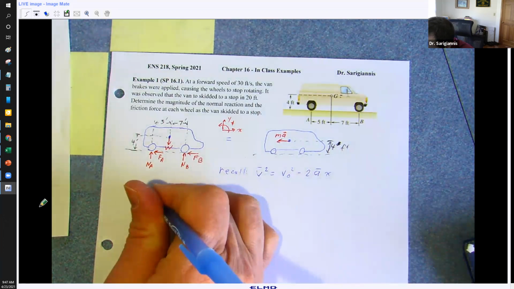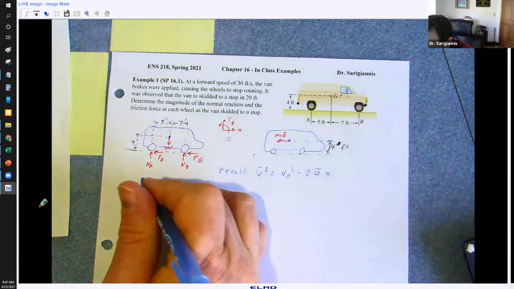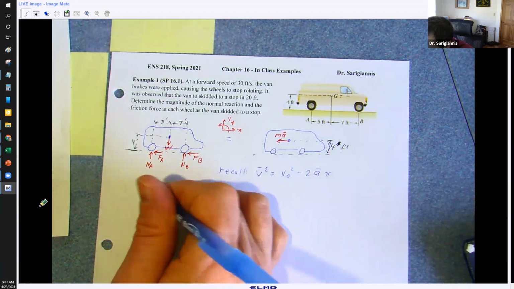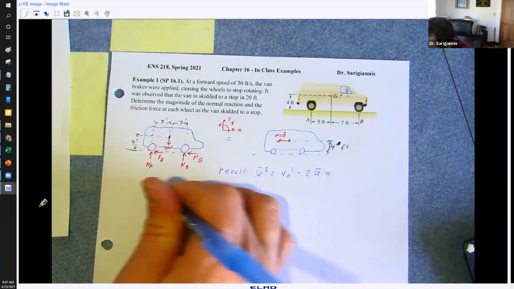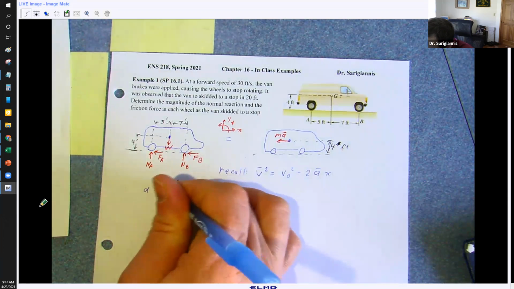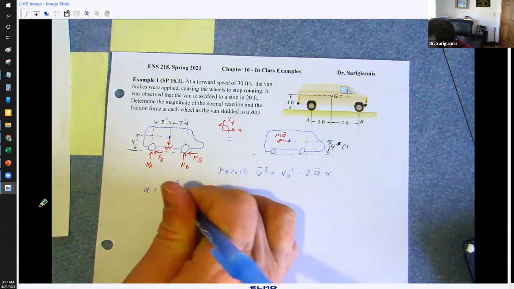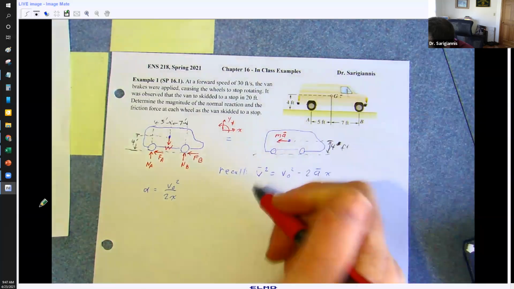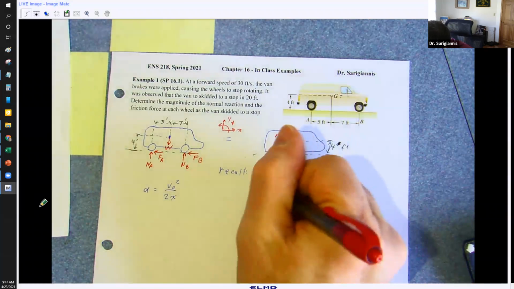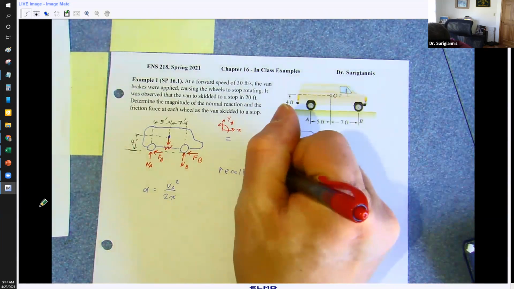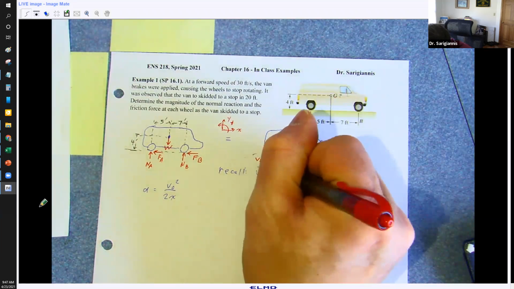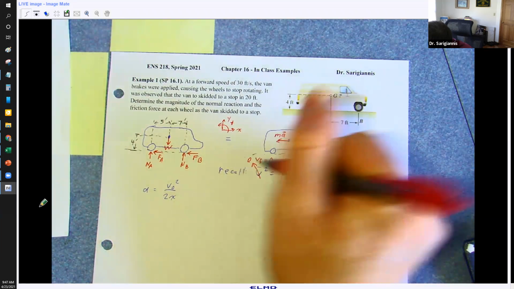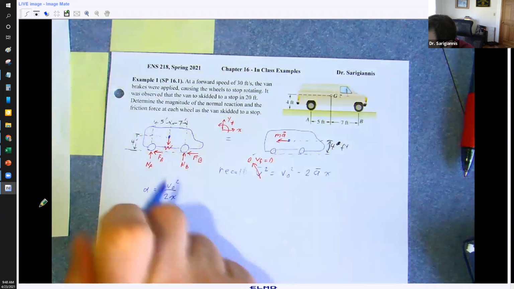So we can rearrange this. This is just from what chapter, I don't even remember, it was 12 or 11. Over 2x. Remember the final velocity is 0, comes to a stop, right?